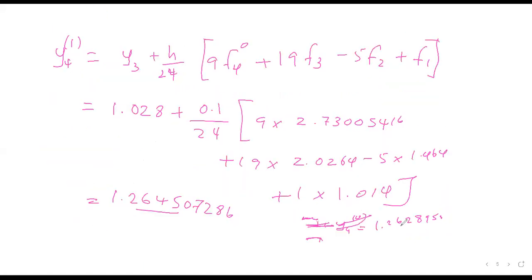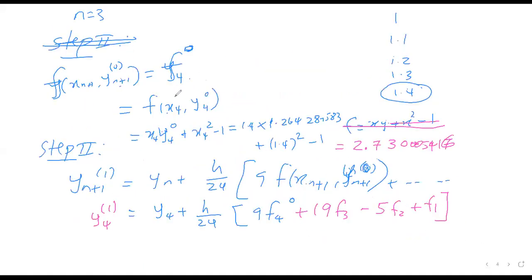Then we move to the corrector. Before that, using the corrector method, we need to find this one. Rather than finding it after this, you better find it earlier. Since you already found y4 predicted, using that and the x4 value, you can find the function value f4 by substituting x4 and the predicted y4 into the function.